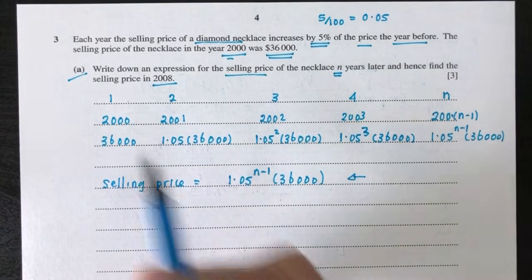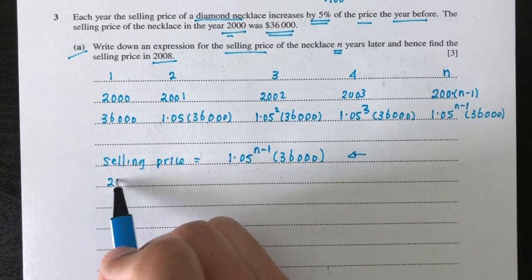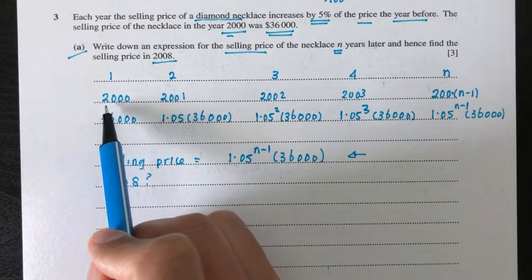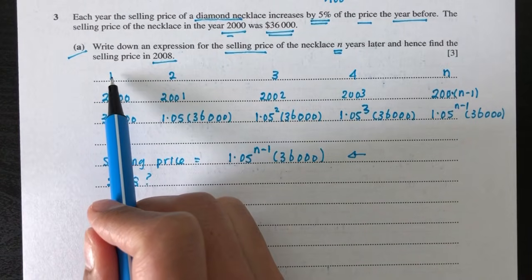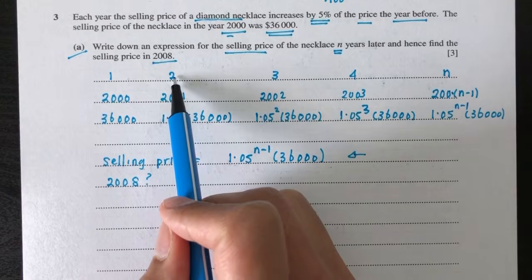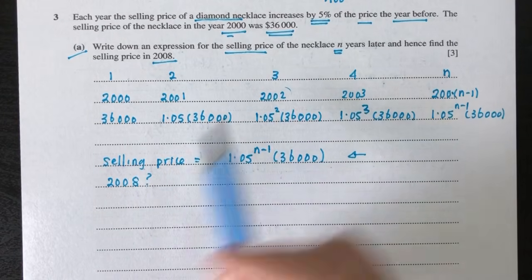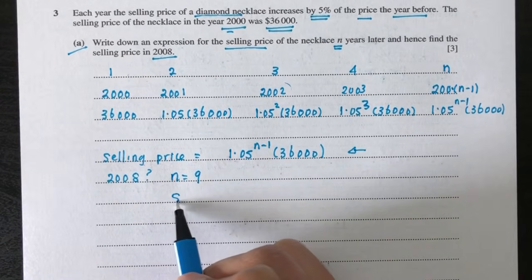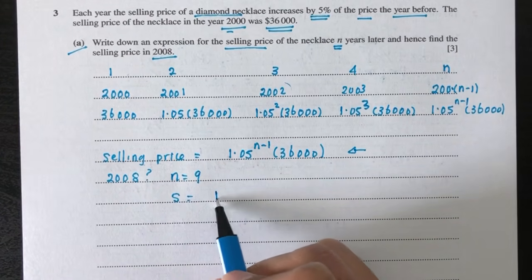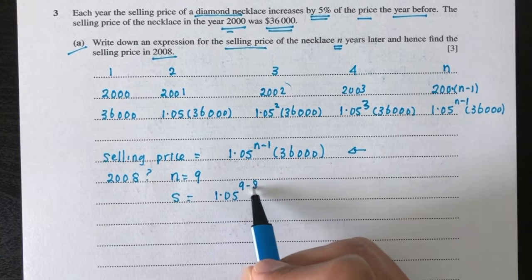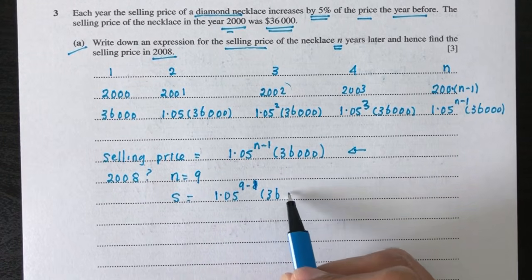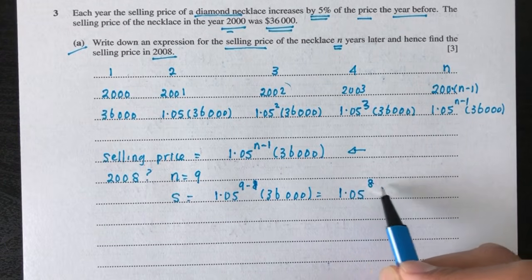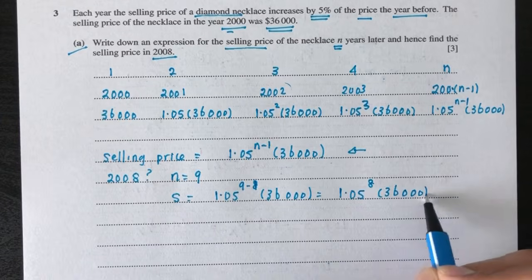Now hence find the selling price in 2008. What was the selling price? If you observe, the year 2000 was term number 1, 2001 was term number 2, 2002 was term number 3. So 2008 will be term number 9. So what is the price at term number 9, which is 1.05 to the power 9 minus 1, times 36,000. That will be 1.05 to the power 8 times 36,000.